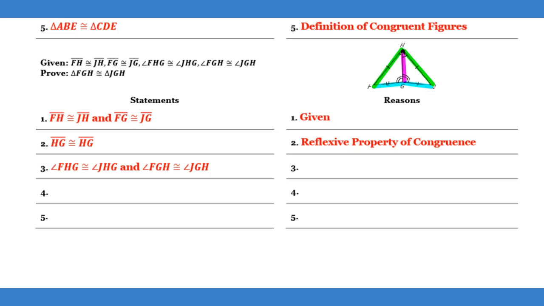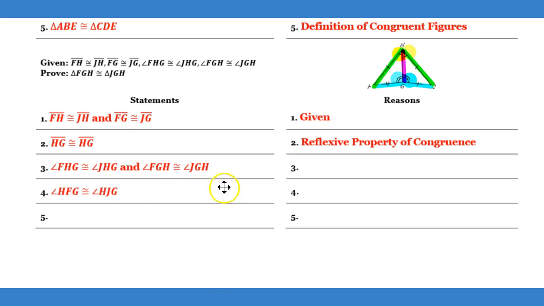Those were the angles that I was given. So I know that this angle and this angle are congruent, and we were given that this angle and this angle were congruent. So now we've just got to prove that HFG is congruent to HJG.